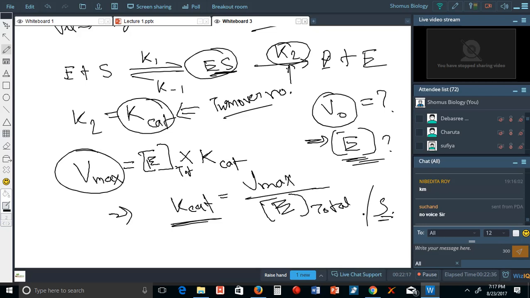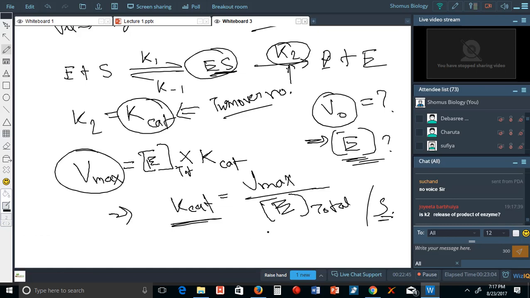So if the number of active sites is increased, the Kcat value will also increase, right? If the total enzyme concentration increases, it also depends, because the total enzyme concentration is linked with the maximum velocity that they can achieve.